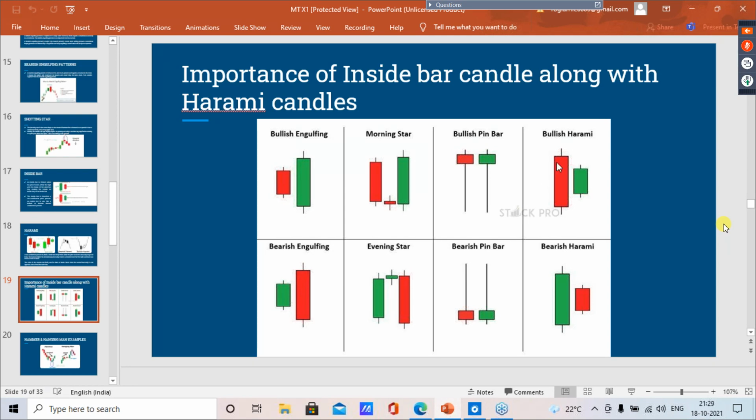Technically, the previous trend was bearish, so the dominant candle is red, and the next candle which appears is a small green. This is a beautiful reversal pattern. You will get a brilliant move, and this will help you take quality trades. Have you guys written down these points? Shall I go for bearish Harami?